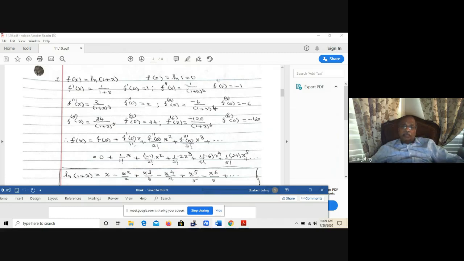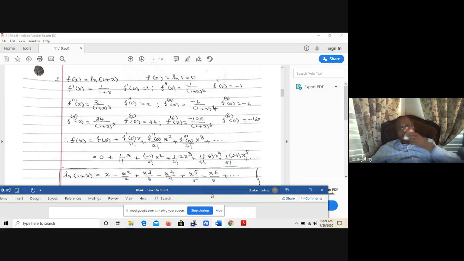Then you have a minus 1 over 2 factorial, that is minus 1 over 2. Then the next one is 2 divided by 3 factorial. 3 factorial is 1 times 2 times 3. So 2 cancels. You get x cubed over 3 minus x to the 4 over 4. 4 factorial is 24. 6 divided by 24 is 1 over 4. Plus x to the 5 over 5 minus x to the 6 over 6 and so on.